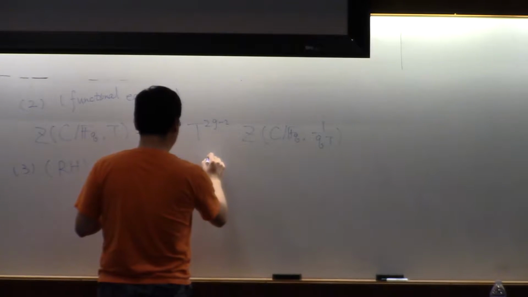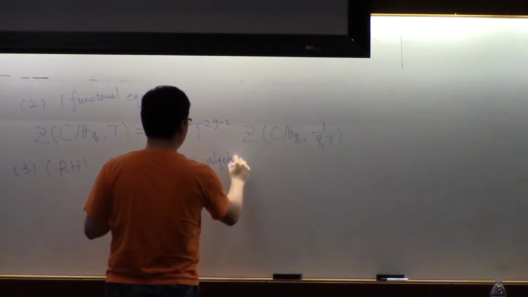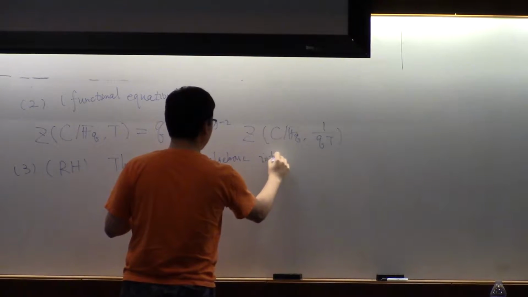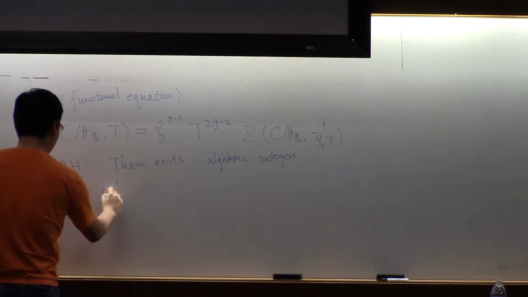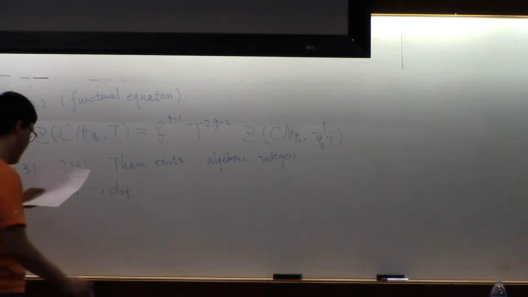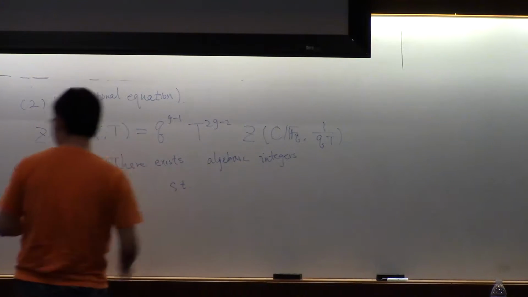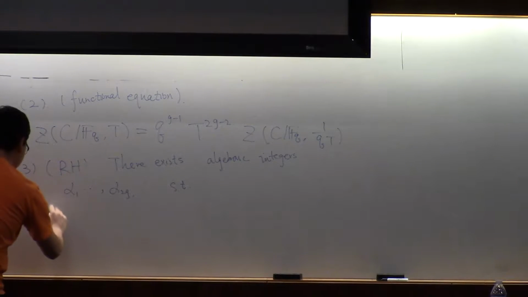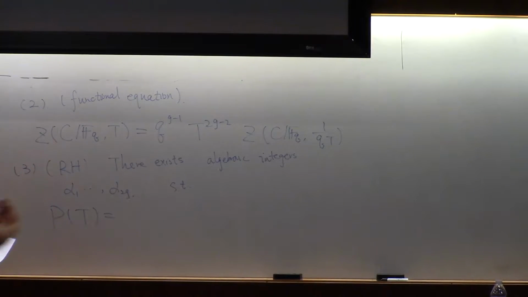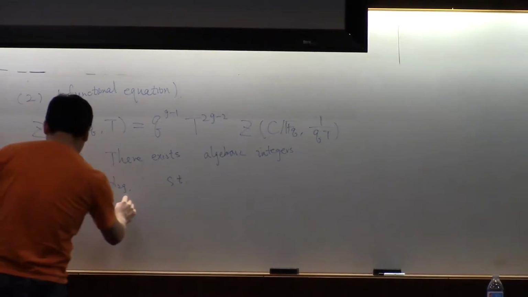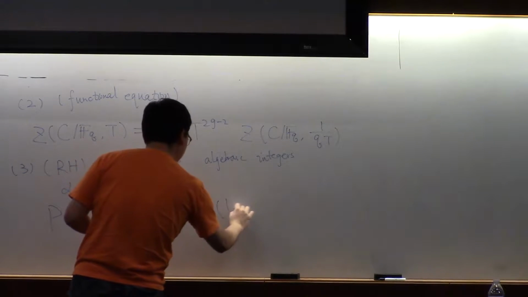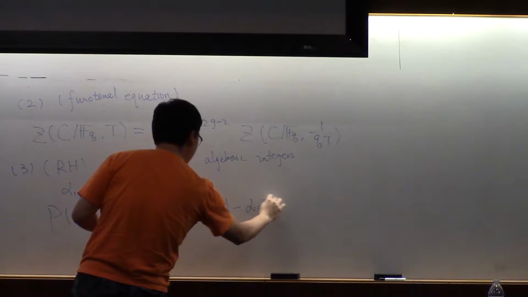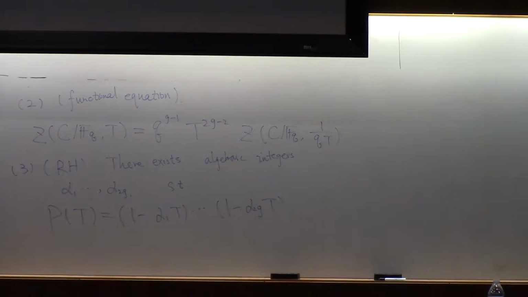We can find algebraic integers alpha 1, alpha 2g, such that we can decompose the numerator as the product of these 2g linear functions.